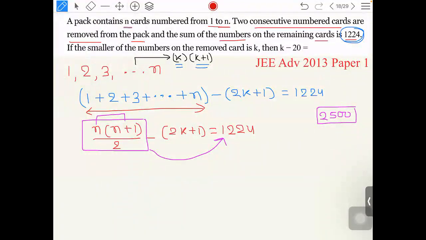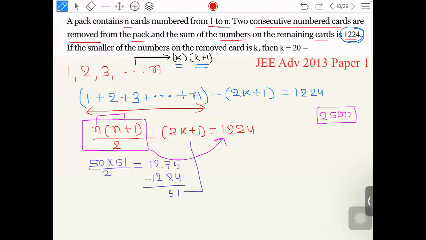So if we take n equal to 50, we will get 50 into 51 by 2, which if we solve, we will get 1275. That means 1275 minus something is equal to 1224. So the difference is 51.